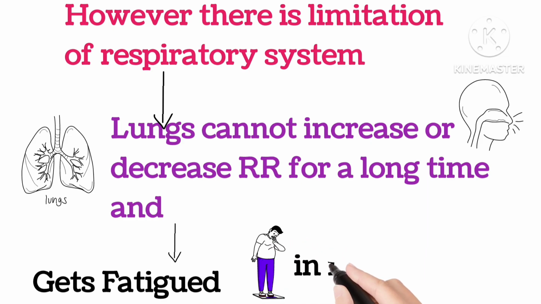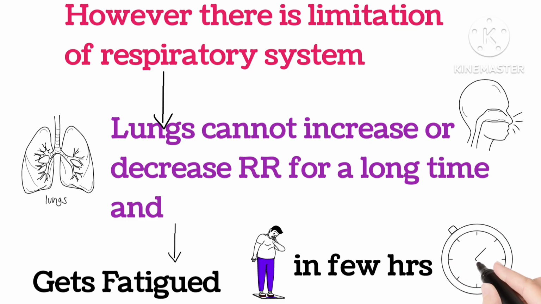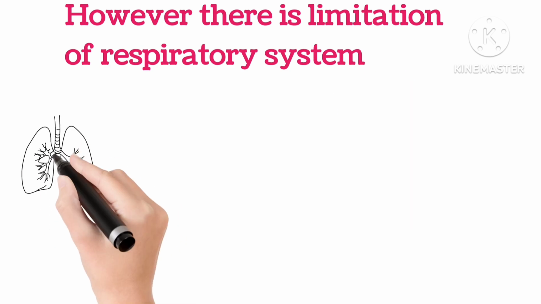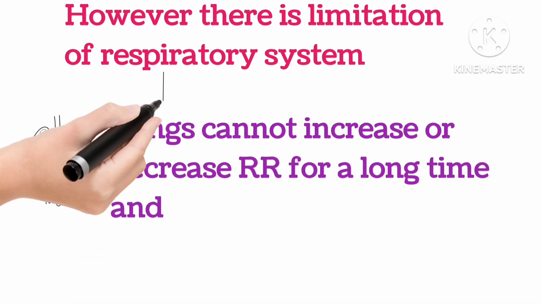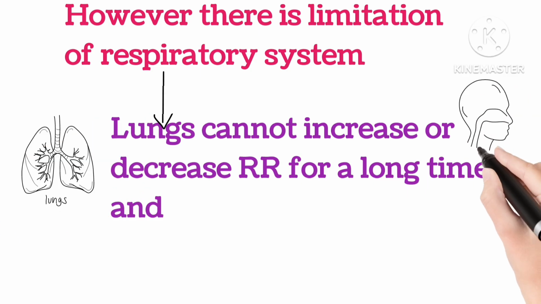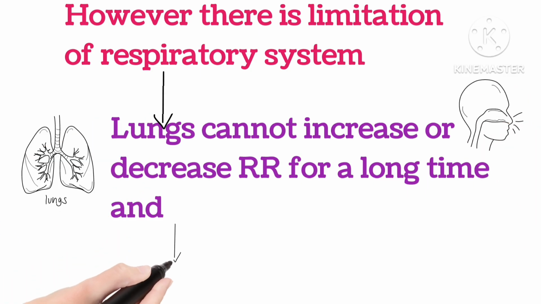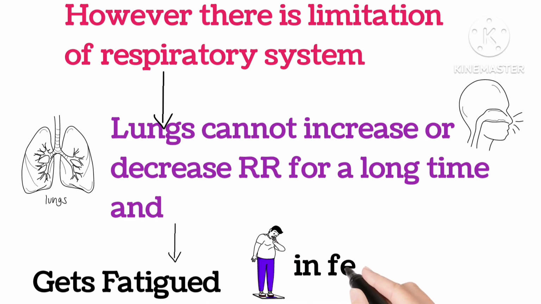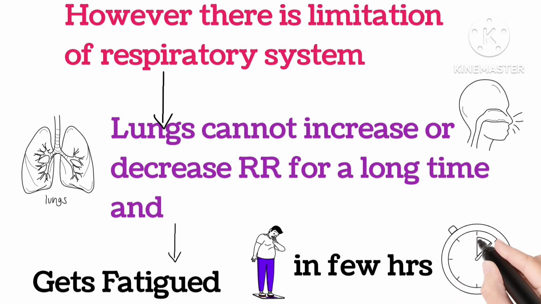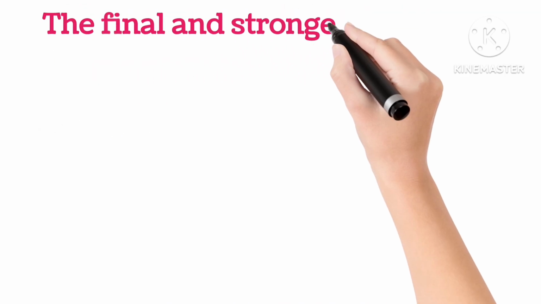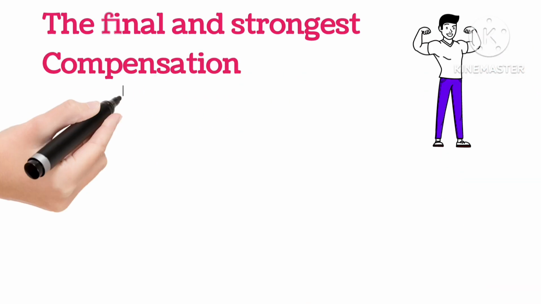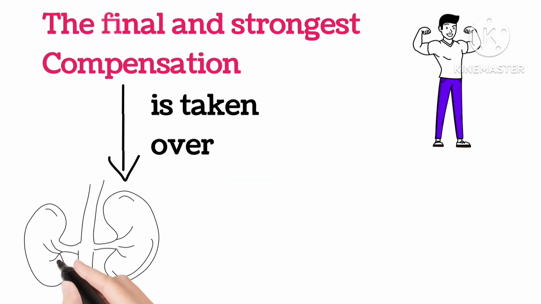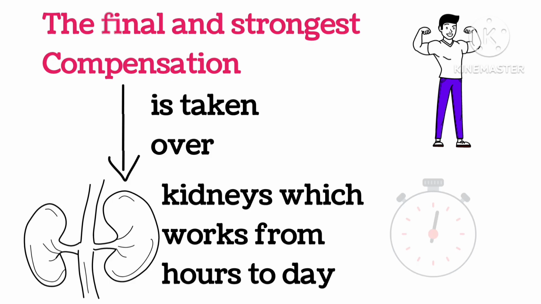Hence, the respiratory system cannot keep on indefinitely compensating these acid-base imbalances, till the final and strongest compensation is taken over by the kidneys, and the kidneys work for hours to days in regulating the acids and bases.